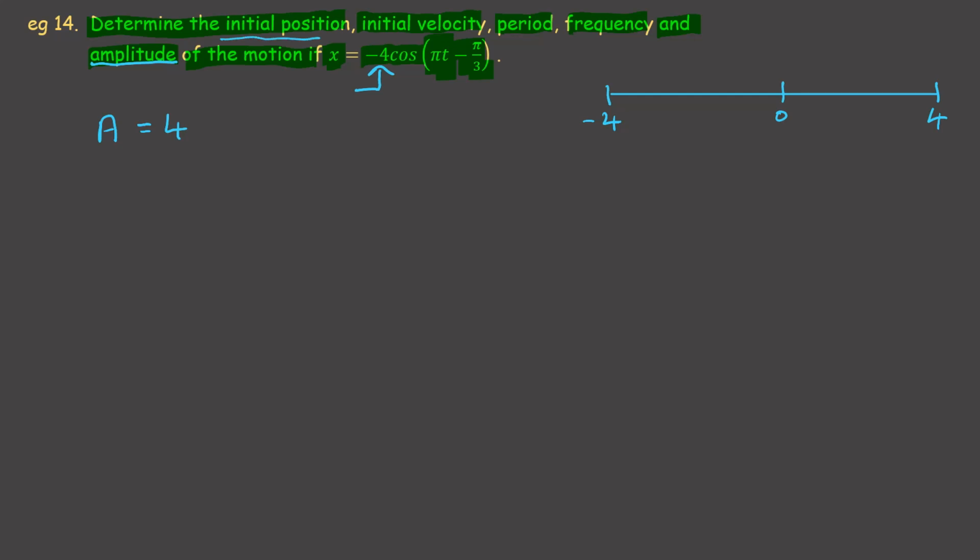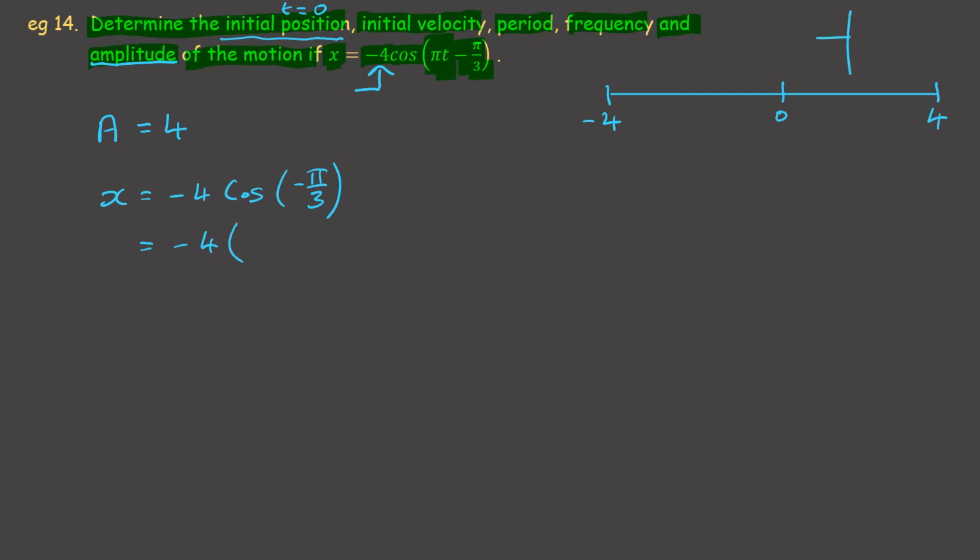Now let's go back to initial position. Initial position is the position when t equals 0. So we get x is equal to -4 cos, and that's just going to be negative pi by 3 if t is equal to 0. So that is going to be -4 times the cosine of pi by 3.